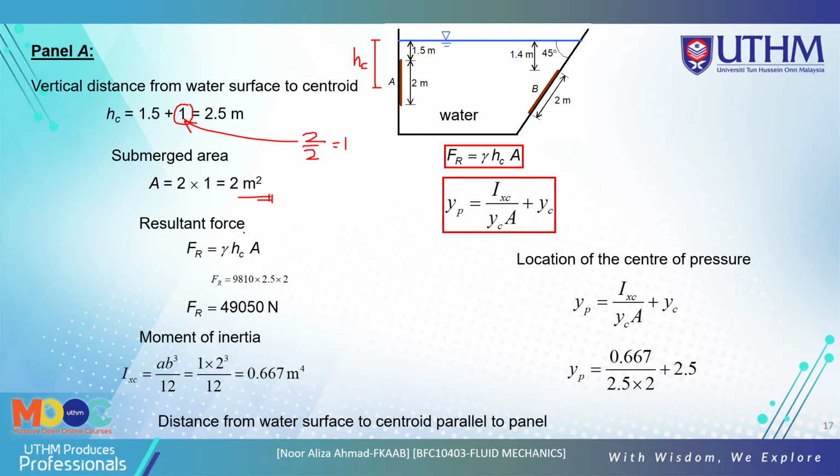For the resultant force, you use this equation: the resultant force, or hydrostatic force, is rho g HC times A. No need to be confused, resultant force and hydrostatic force are the same. It is water, so use the density of water, 1000, times 9.81, times HC which is 2.5, and times the area 2.